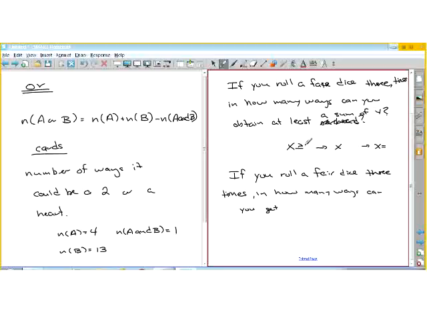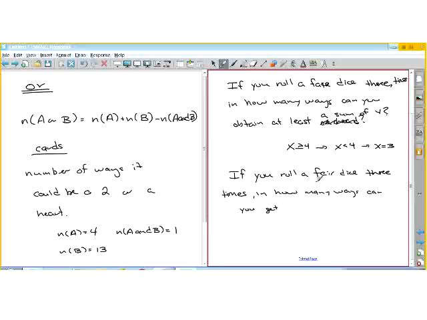So at least 4 means greater than or equal to 4. So the opposite is less than 4. Well, if you roll a dice, the minimum you're going to get is 1. So the least you can get is 3. So instead of x is less than 4, I could restrict it to x equals 3. That's the only choice I have that's less than 4.